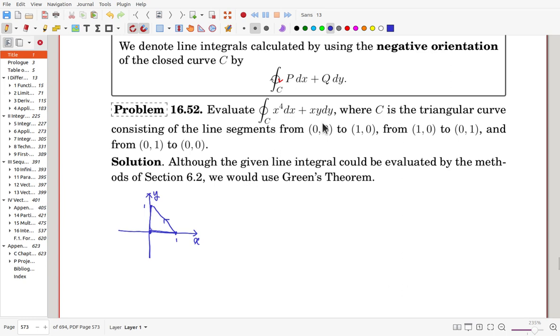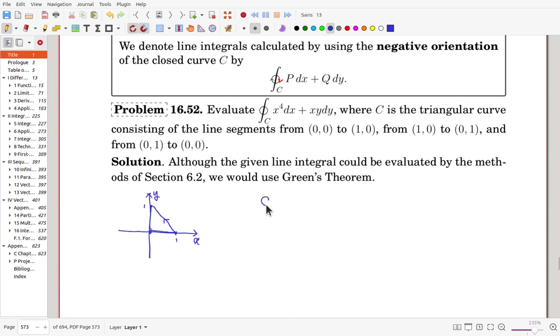Of course, for this one, piece by piece, you can parameterize, and by using the technique we learned earlier, we can evaluate this. However, let's try to use Green's theorem.